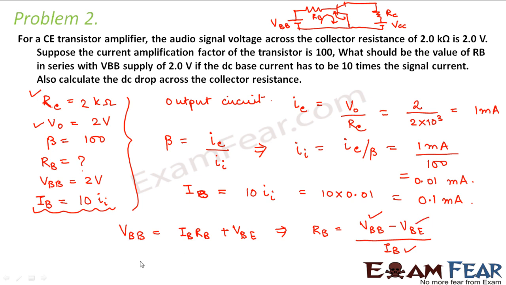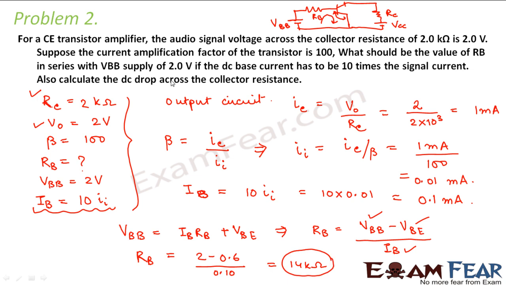So you can put these values and calculate the value of RB as 2 minus 0.6 divided by 0.1. So this comes out to be 14 kilo ohms. So this is the value of the base resistance.